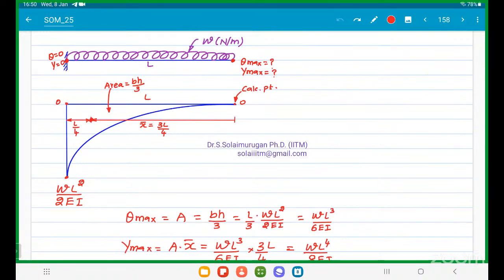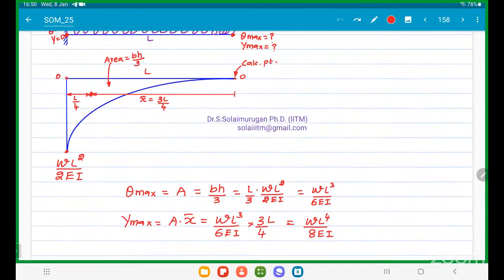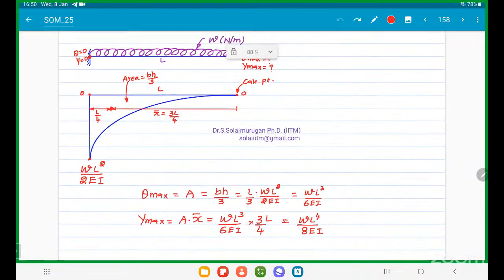Where is the maximum slope point? This one. Where is the maximum deflection point? This one, sir. Where is the slope equal to 0 point? Here. Deflection equal to 0 point, here. So these things are ready. Now see here. Theta max equal to A. What is the definition for A?